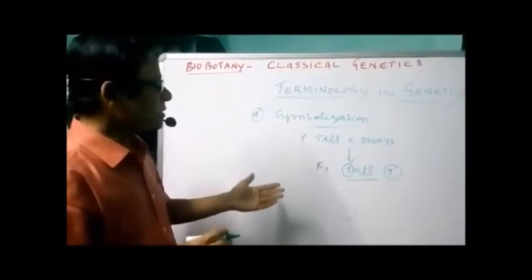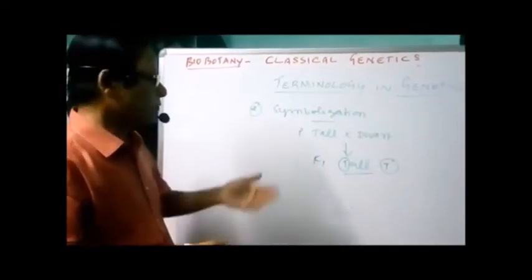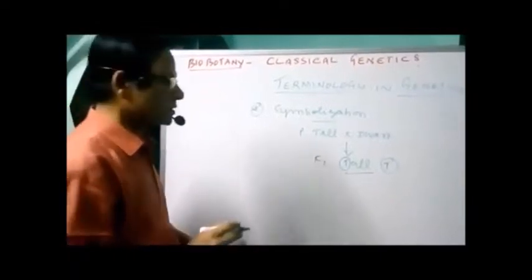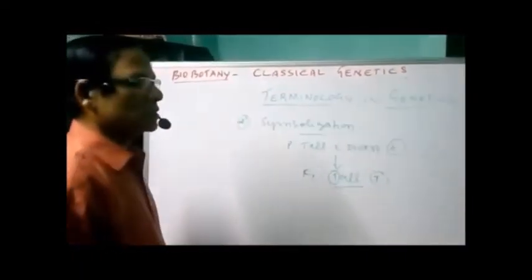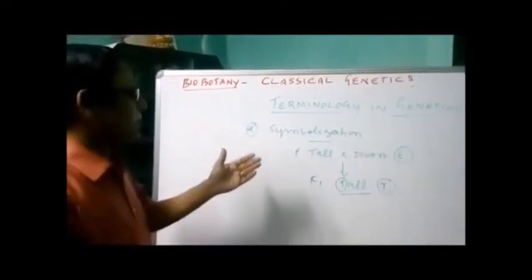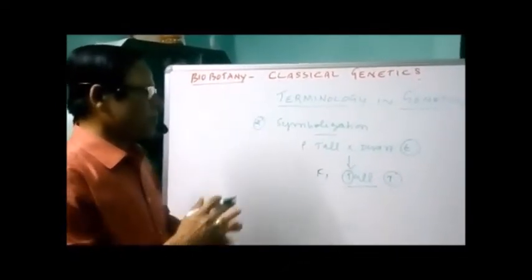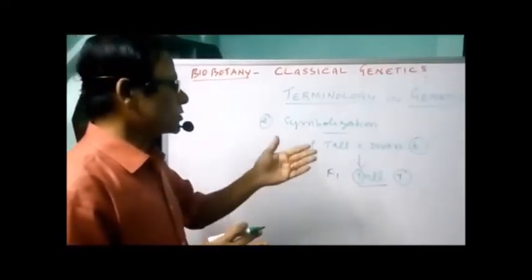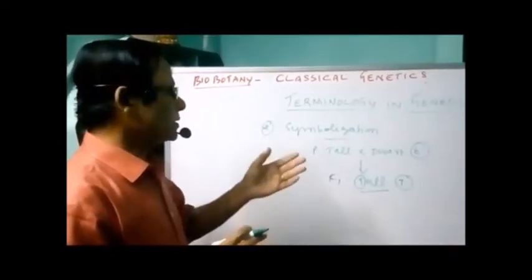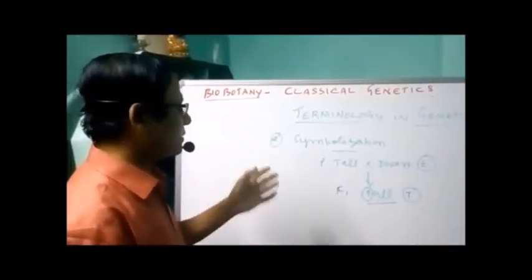And the alternative character, dwarf, as it is not expressed in the F1 generation, is called a recessive character. So we take the opposite alternating alphabet. This is called symbolization. For a dominant character we give the capital letter; for a recessive character we use a small letter, small t. This is the second one.